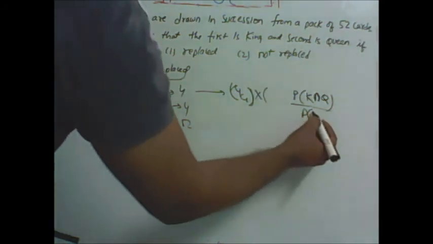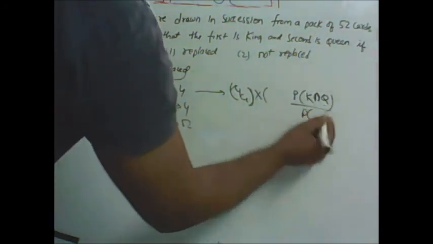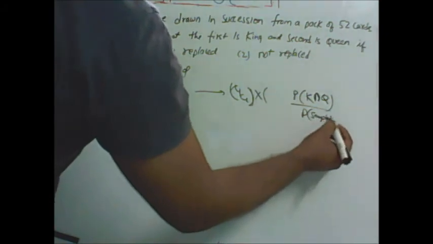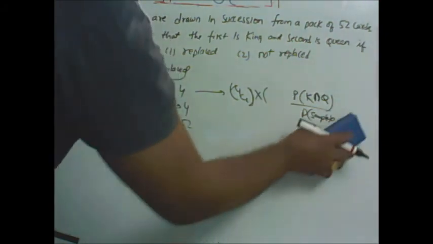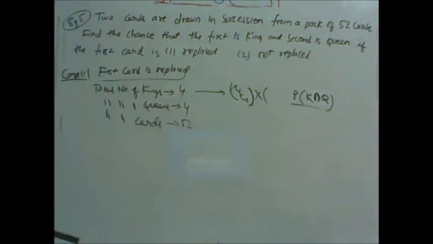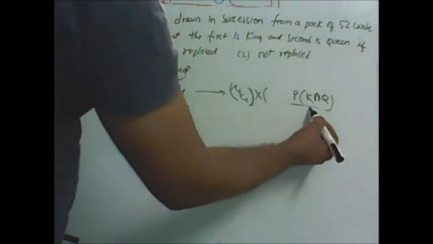Okay, so total is P of sample space, which is nothing but 1.